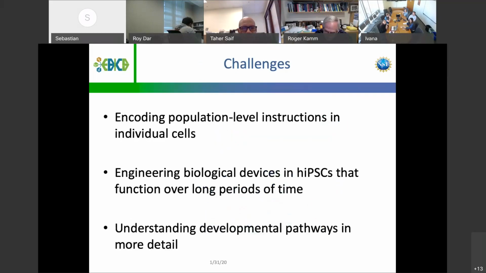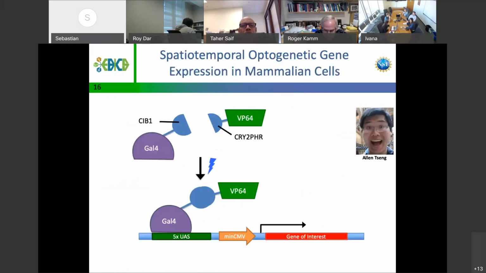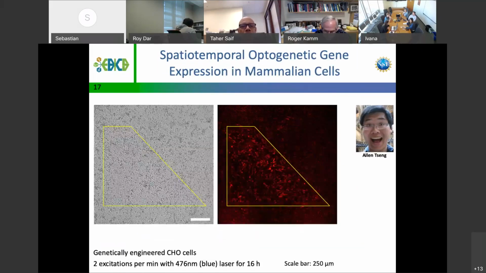So if you go back to the slides to go into more depth, essentially this is a layer of engineered mammalian cells. And then the light is targeted using a confocal microscope to the region inside of this polygon.